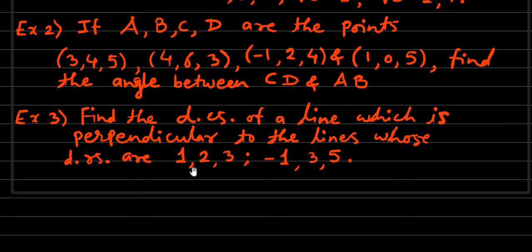Then as the required line is perpendicular to both the given lines, we will get 1 into L means L plus 2 into M means 2M plus 3 into N means 3N equal to 0. Also minus 1 into L means minus L plus 3 into M means 3M plus 5 into N means 5N equal to 0. Now we will get 2 equations in 3 unknowns and therefore the values of L, M, N can be obtained as we have obtained in the third example that we have solved today.